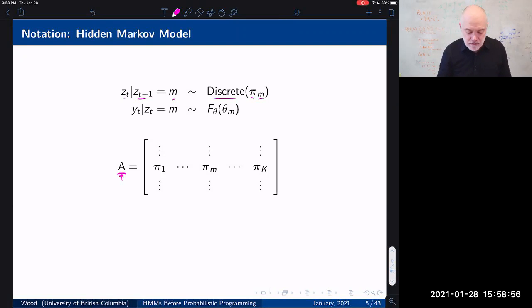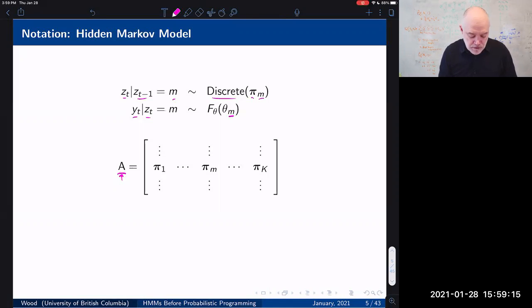That's a k-long vector whose entries sum to 1. Then yt given zt equals m is distributed according to some likelihood that's application specific, whose parameter is given by a state-specific parameter.